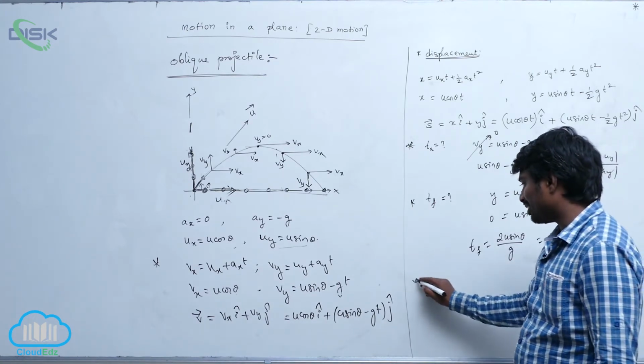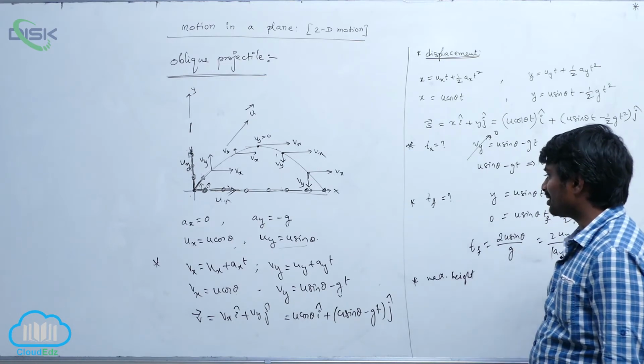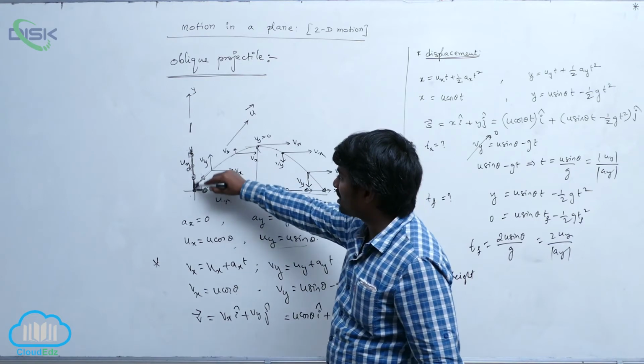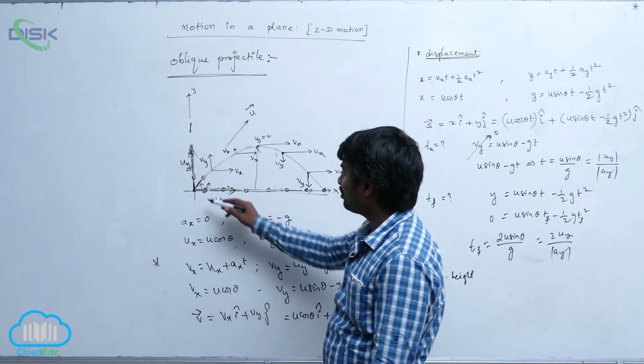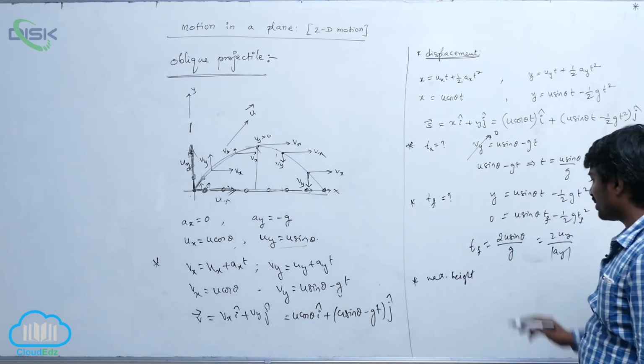Next, maximum height reached. Maximum height means this is the y displacement in what time? In the time of ascent. That means this is the y displacement.